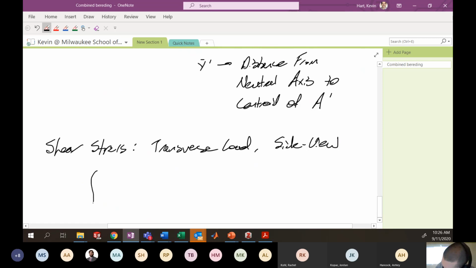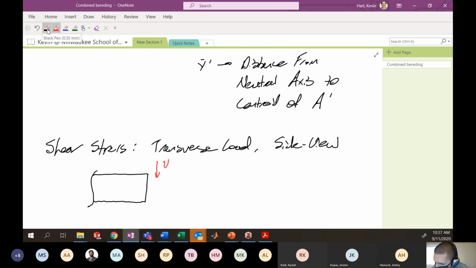It would look something like this, if you're looking at the side of the beam. You've got some load coming across the face. Here is the value of the load V. This distribution is going to be third order, and it's going to be maximized in the center of the cross section. So here's the center. This is your Z direction. And the distribution will be third order, kind of looking something like this.